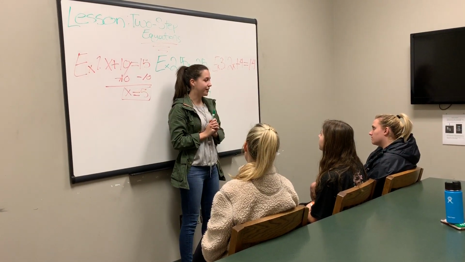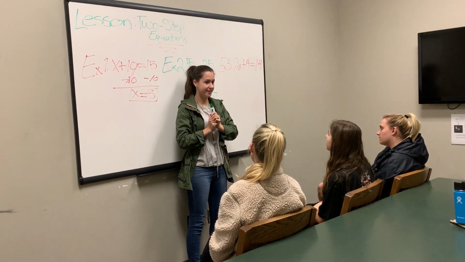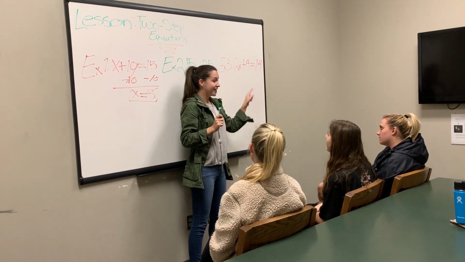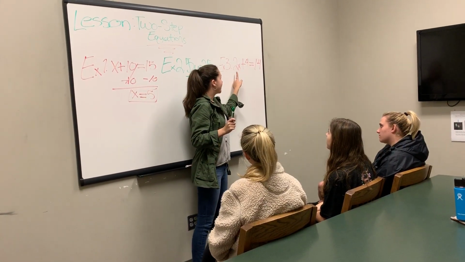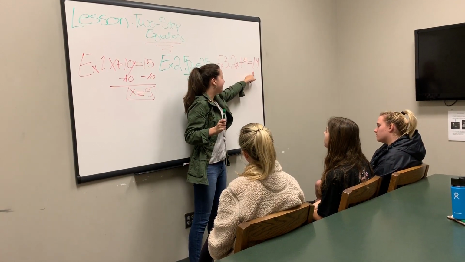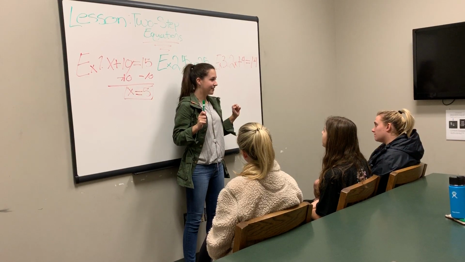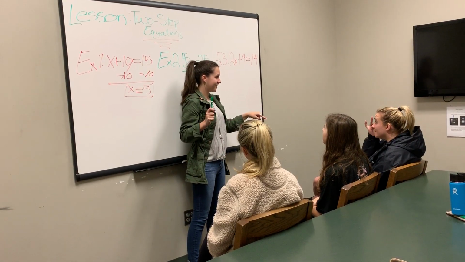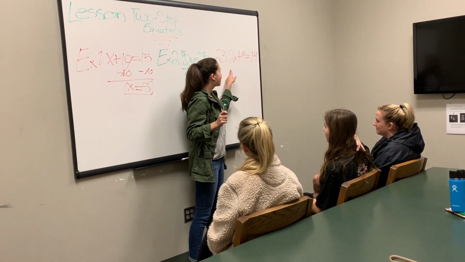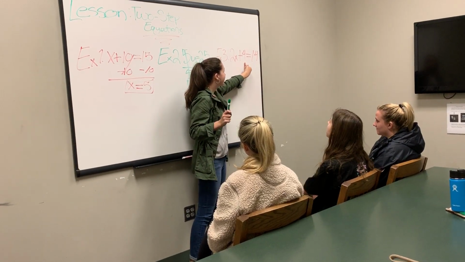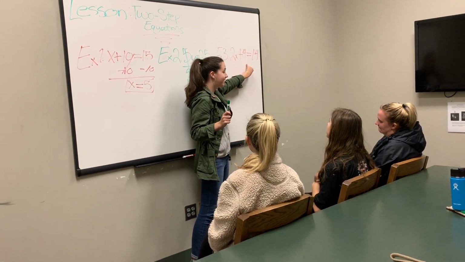And what is another thing that we see? You have a coefficient and a constant. Yes, you have a coefficient, a constant, and a constant. So, what do we notice? You can subtract the 4. Yes, because we have two constants, you want to combine like terms.